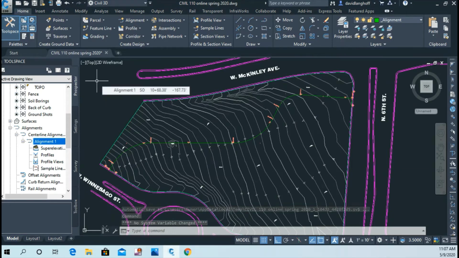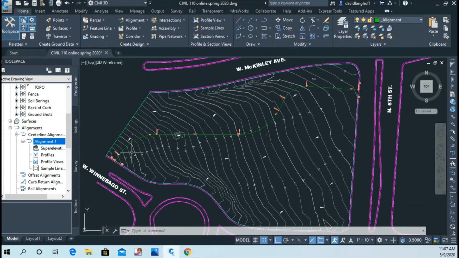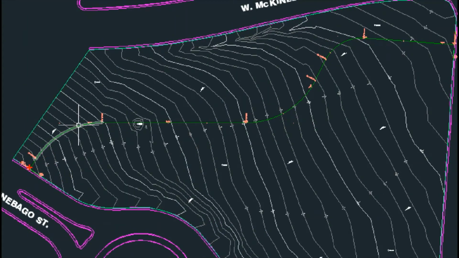Okay, everybody, I just wanted to shoot out one more video here. Last time we created an alignment, and if you remember correctly, we started off with 4 tangents, and those tangents looked something like this.